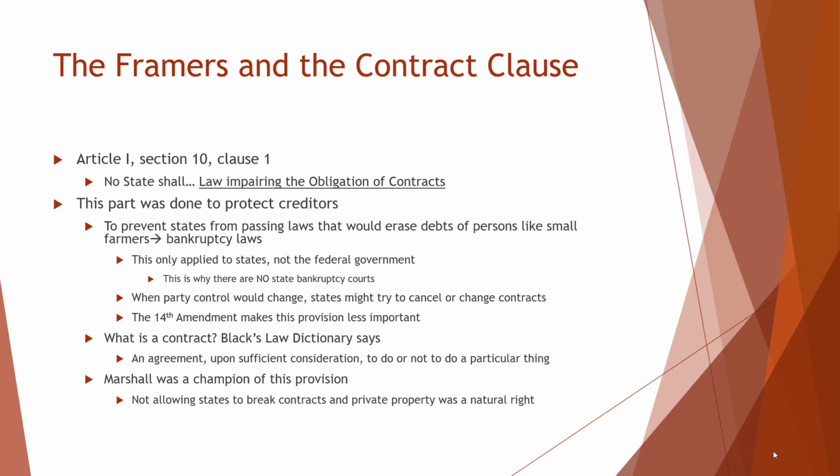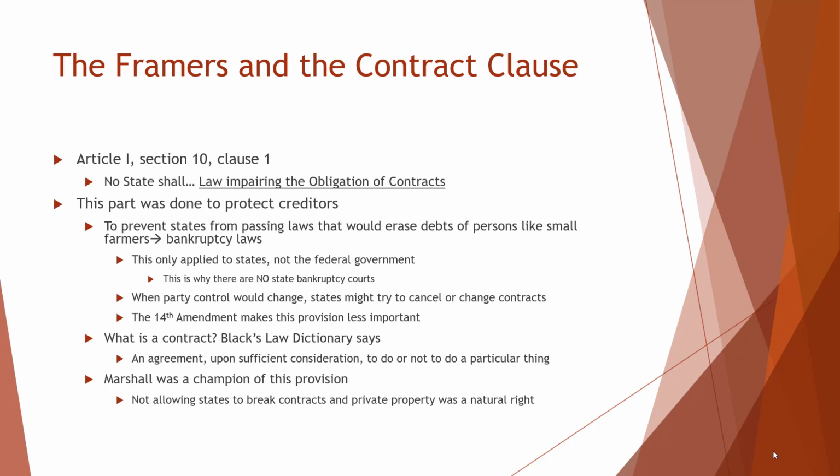If you have a lot more small farmers, small business people, or people who just owe money, that was something folks had to worry about, and you were seeing this during the period of the Articles of Confederation.